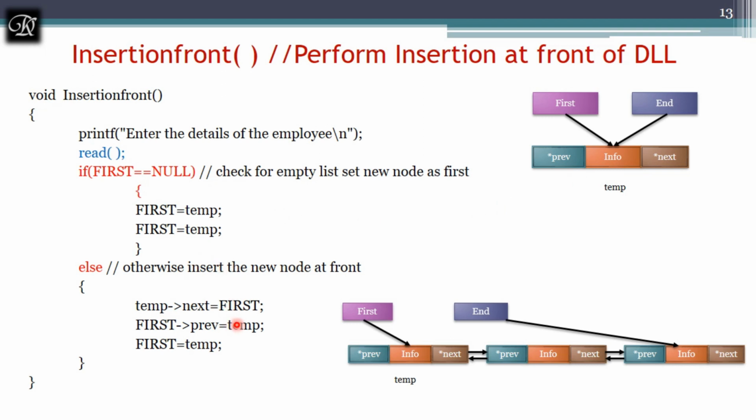Otherwise, as we have seen, I'm going to connect temp's next to the first, which was pointing before, and first's previous to the temp, and I'm calling this temp as first. This is how insertion at front is going to happen.